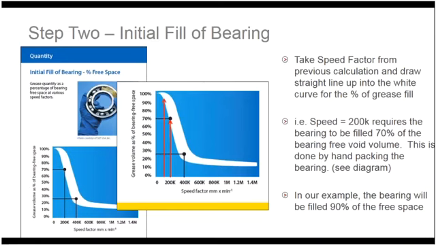In our case, where we had the speed factor between 63,000 and 73,000, it requires almost a 95% fill of the bearing free space.